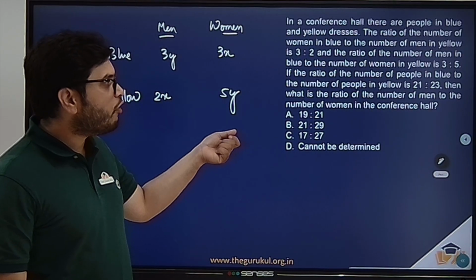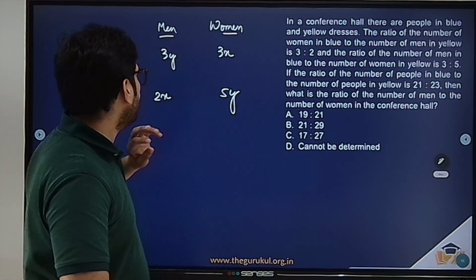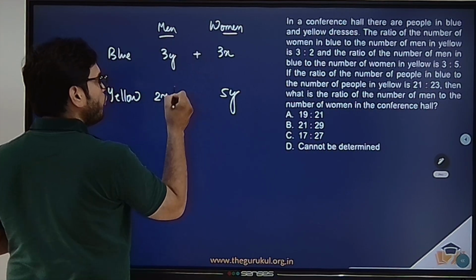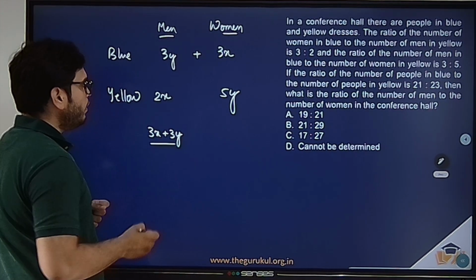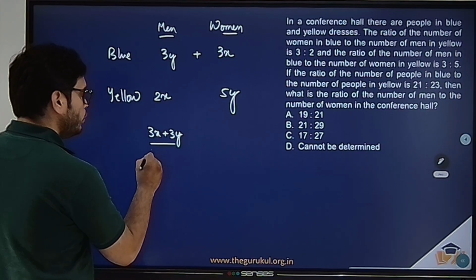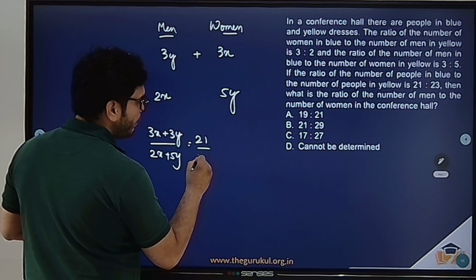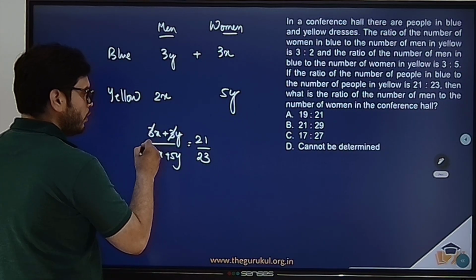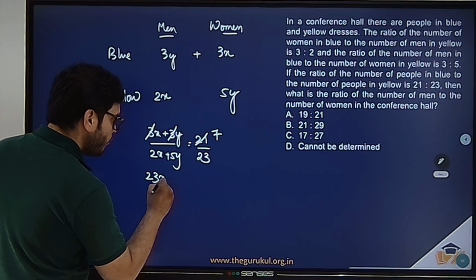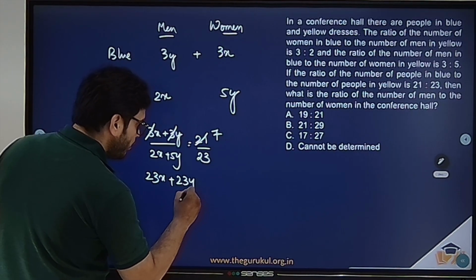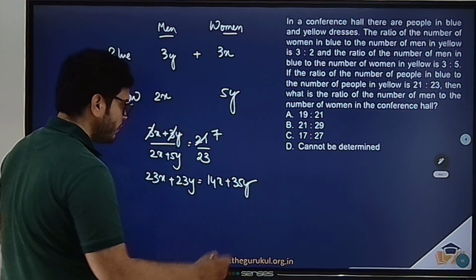If the ratio of the number of people in blue to the number of people in yellow is 21 is to 23, then the number of people in blue would be 3x plus 3y, to the number of people in yellow, 2x plus 5y, is equal to 21 by 23. Now this would be 23x plus 23y is equal to 14x plus 35y, right?